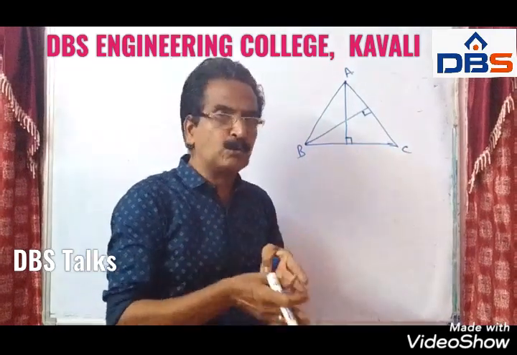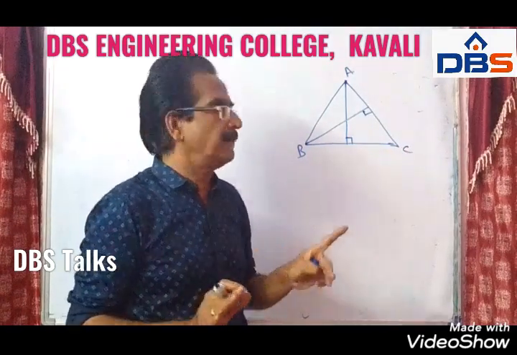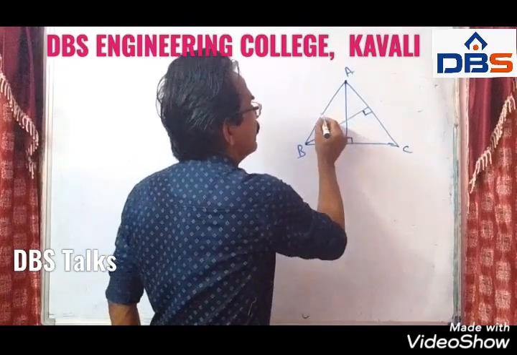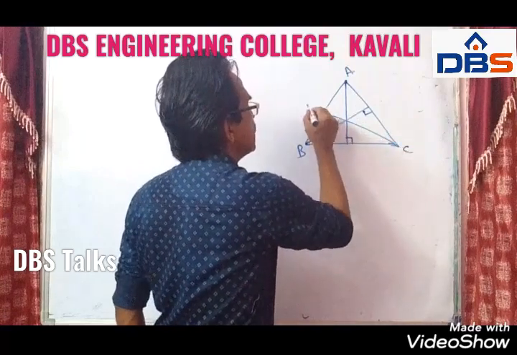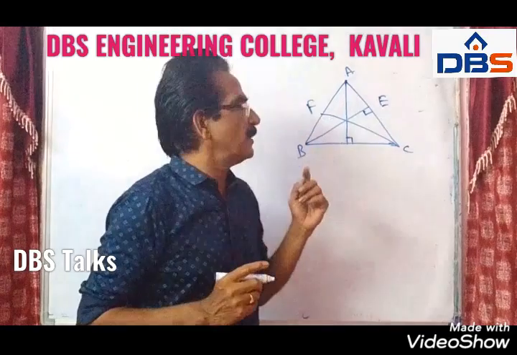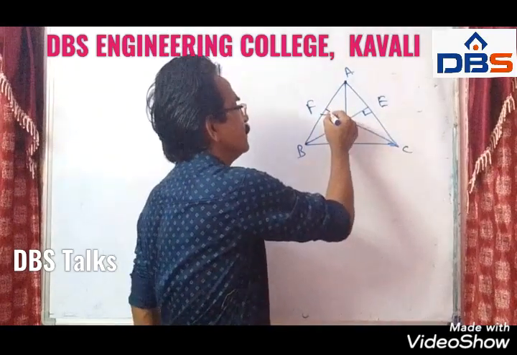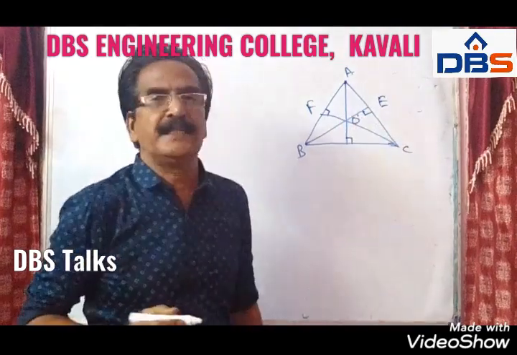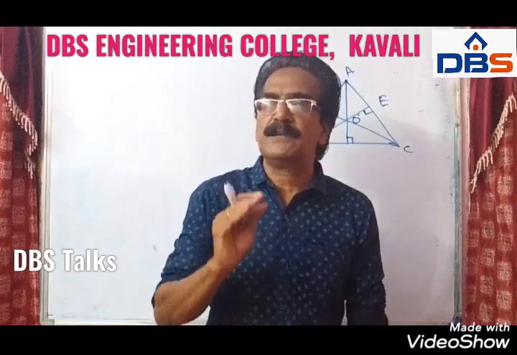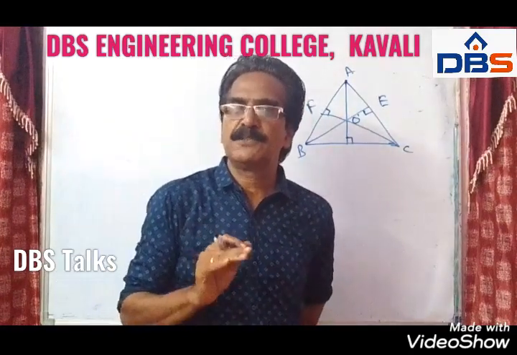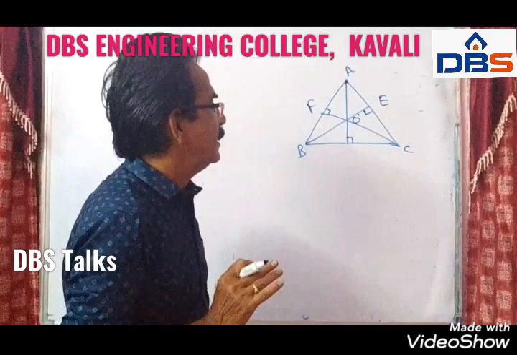They need not go through the midpoint. They are just perpendicular to the side BC. This is CF, this is BE. So these are the altitudes. The point of intersection of altitudes is called orthocenter.